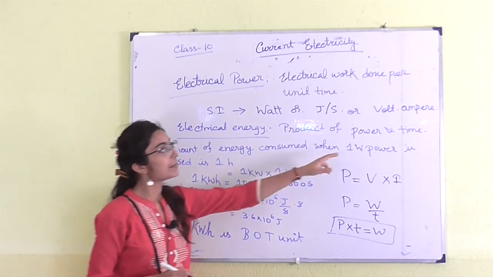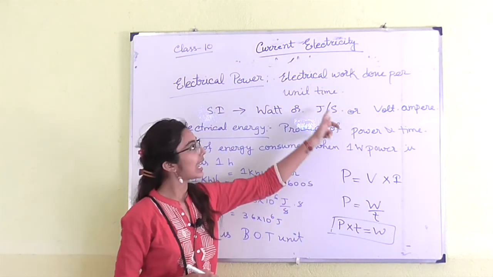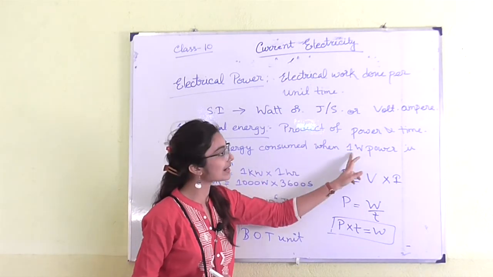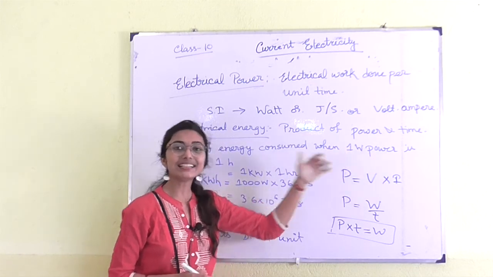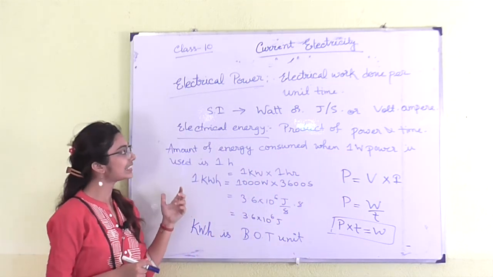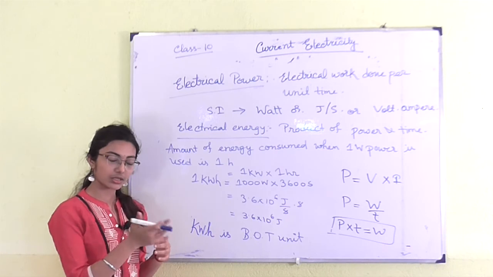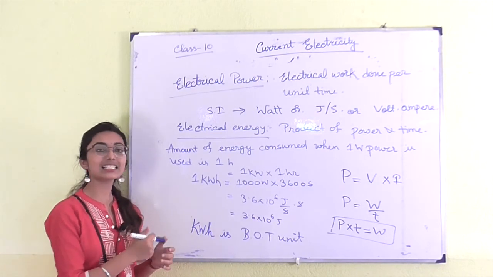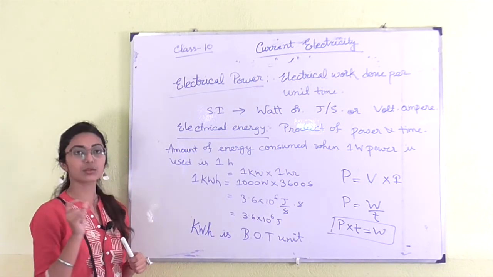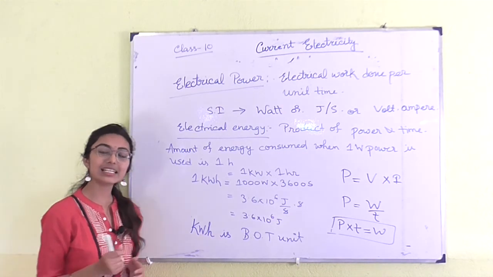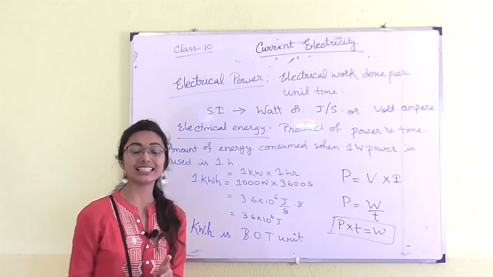So if the power is 1 kilowatt, as we have discussed what is the unit, in time 1 hour, then the electrical energy consumed by the electrical circuit is 1 kilowatt hour. This is basically the unit of electrical energy, that is power into time.